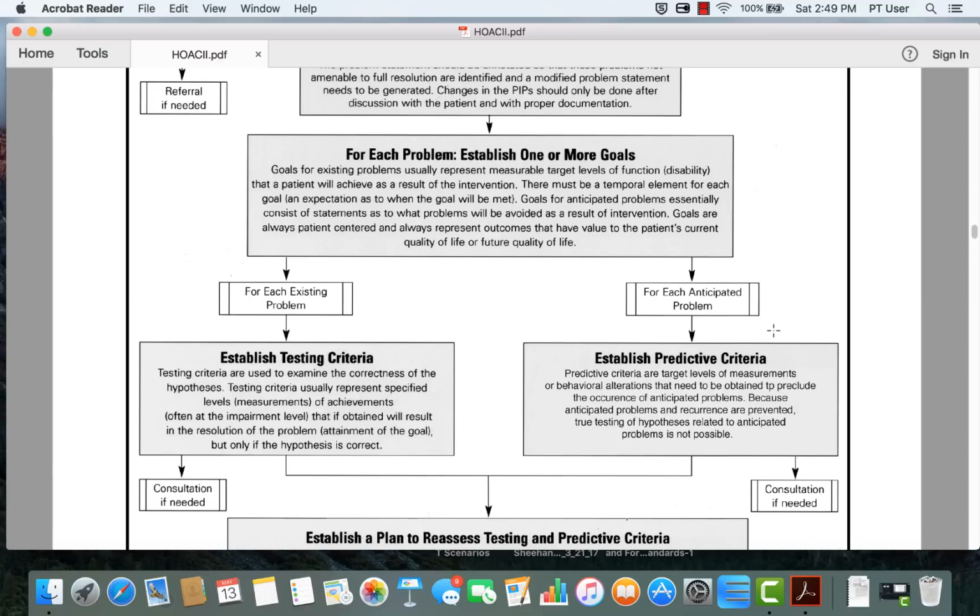Now, the other approach to goals, which you will probably be exposed to, which don't fit with this model, and I'll explain why, is that people write long-term goals as function and short-term goals as impairment.